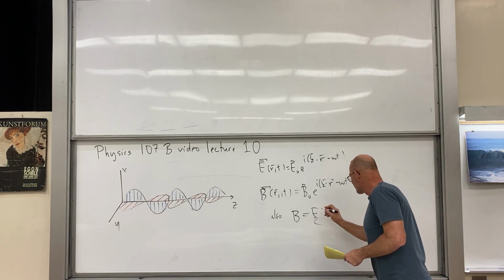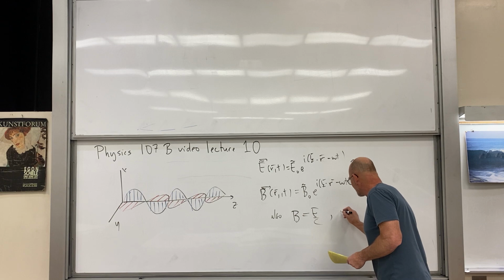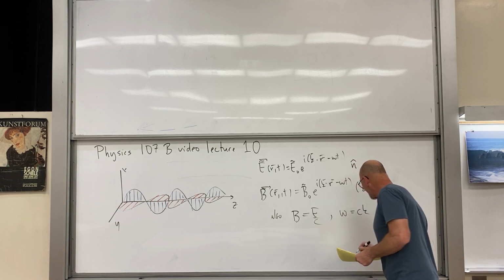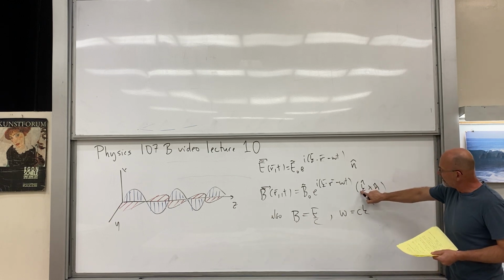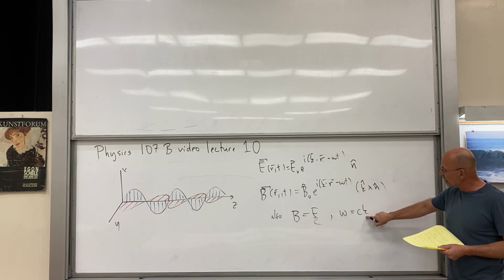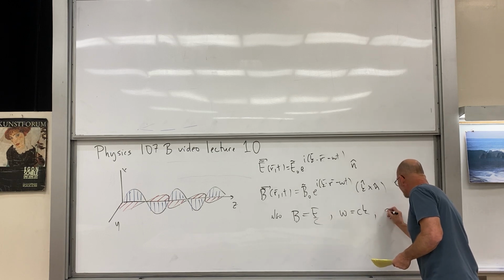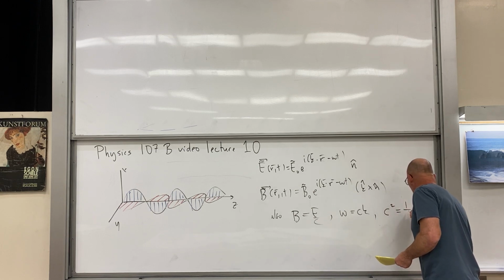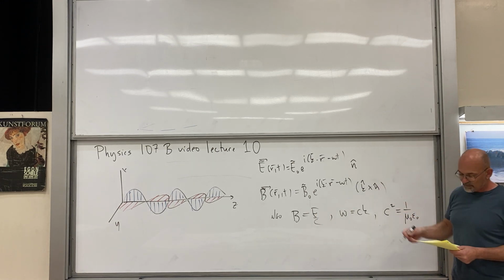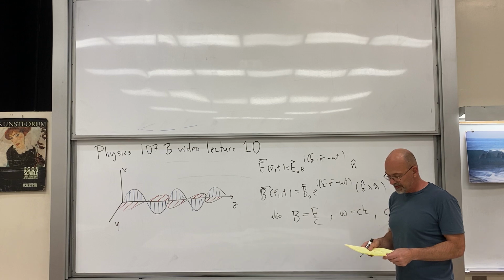And we're also going to make use of the fact that omega is equal to ck. So k hat, of course, is a unit vector. k is the wave number. And we're going to make use of the fact that c squared equals 1 over mu naught epsilon naught in the transformations that follow.